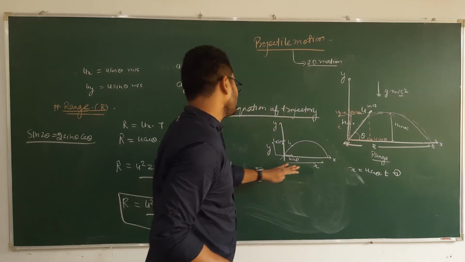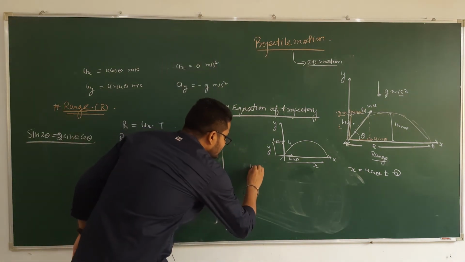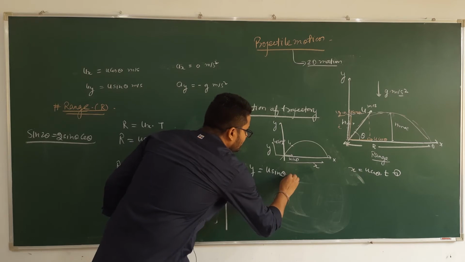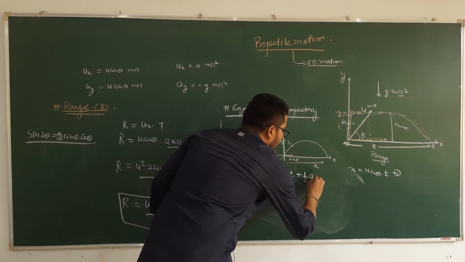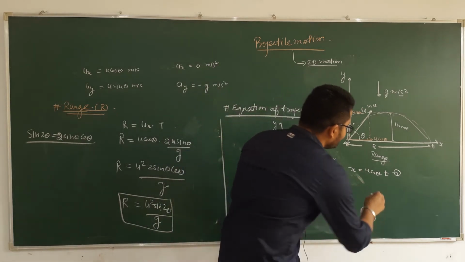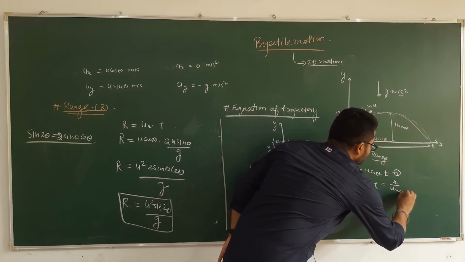Or use the second equation of motion for vertical displacement, y is equal to u sin theta into t plus half ay into t square. So here t is x upon u cos theta.